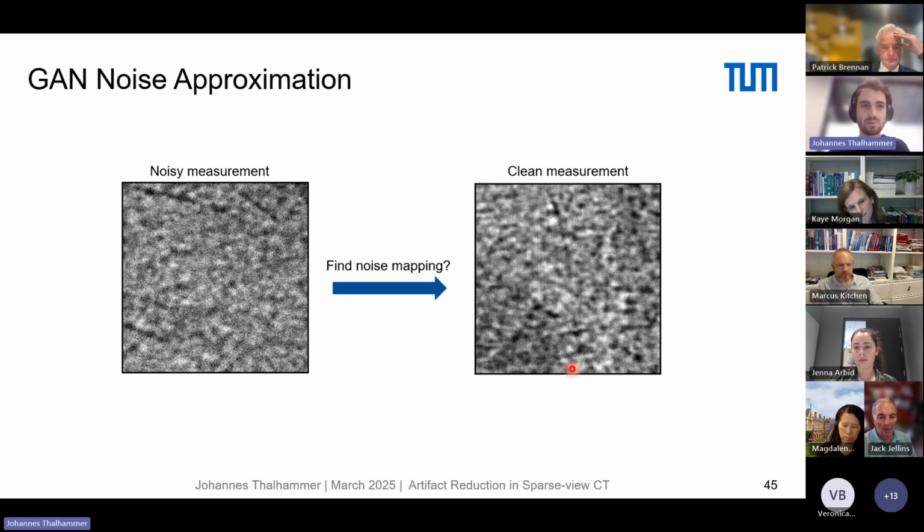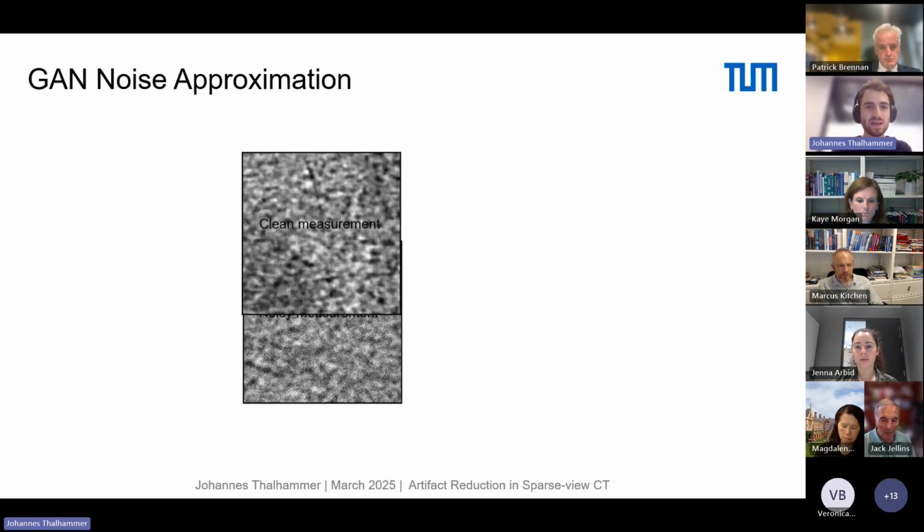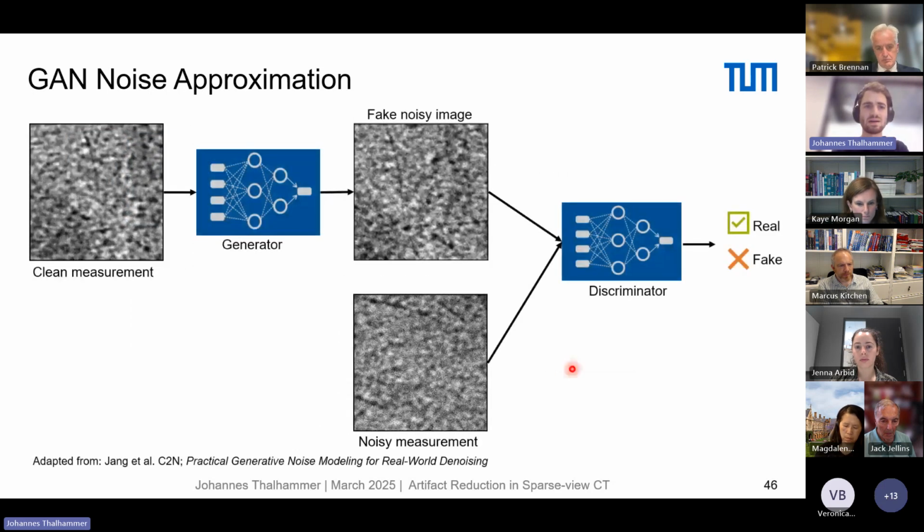And well, you could think about how to simulate the noise, but since we already have the input and the target, we can also use machine learning for that and use it as a function approximator in essence. So what we did is something that was proposed by Young et al.